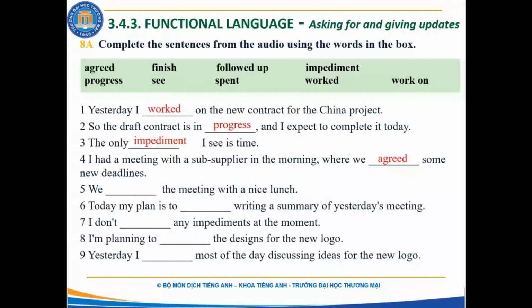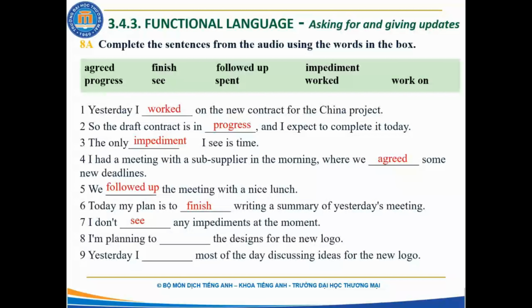What about number 5? What's your answer? We follow up the meeting with a nice lunch. And number 6, today my plan is to finish writing a summary of yesterday's meeting. Number 7, so which word from the box do you fill in the blank here?